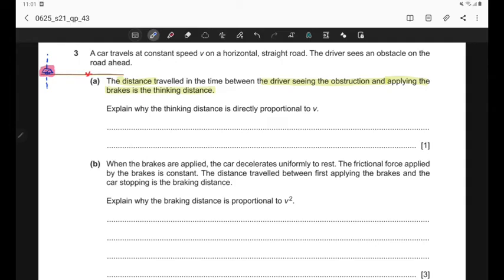But for thinking, he will take some time. So we can imagine after seeing the obstacle, to realize that there is an obstacle, so he should stop the car and then he will apply the brake. So for this we can think this much time he has taken. So when the car has reached this particular point, only then the driver applied the brake.